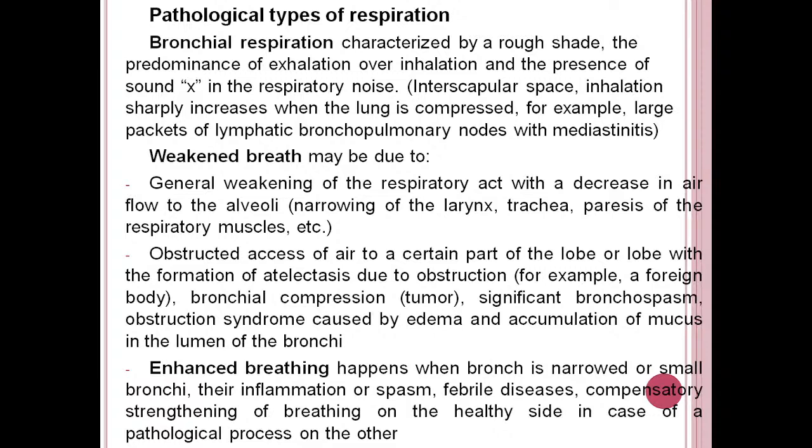Inhalation sharply increases when the lung is compressed, for example, a large packet of lymphatic bronchopulmonary nodes with mediastinitis.